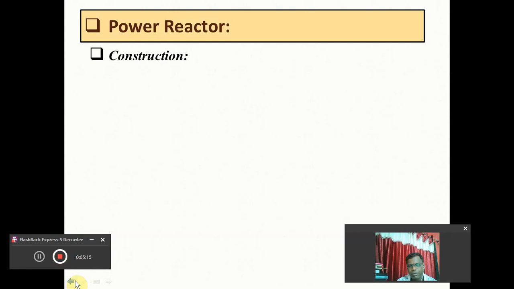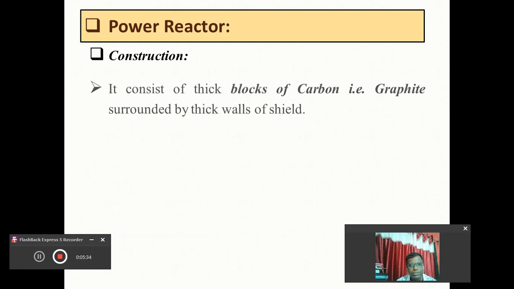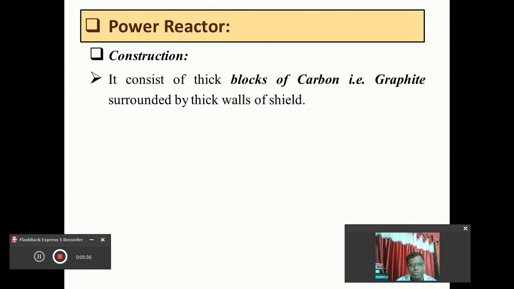After this discussion of the various components, today we are interested in the construction of the power reactor: how the various components are arranged, and how it works, which we will discuss in the working. Before the working, we will discuss the construction.